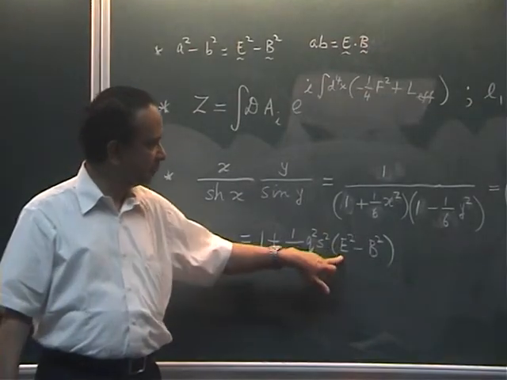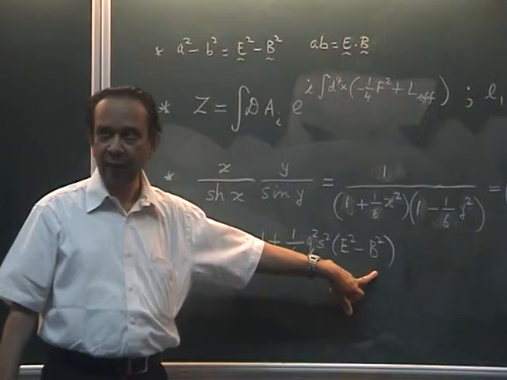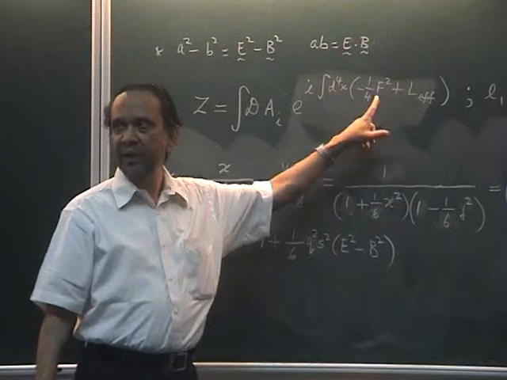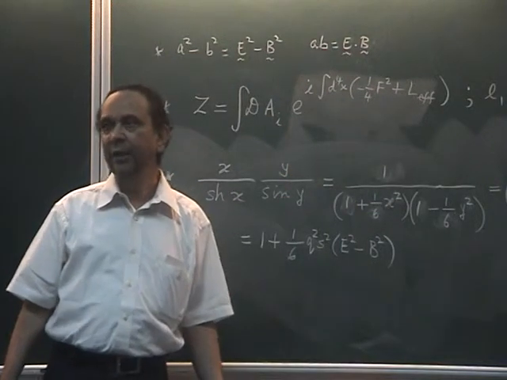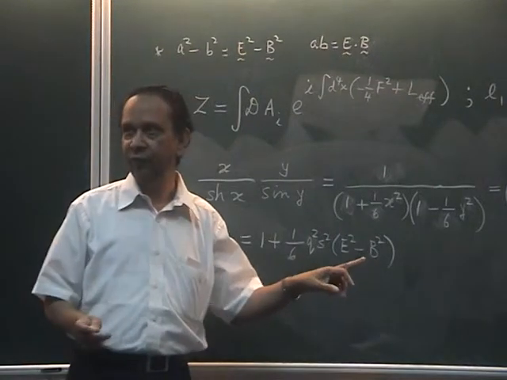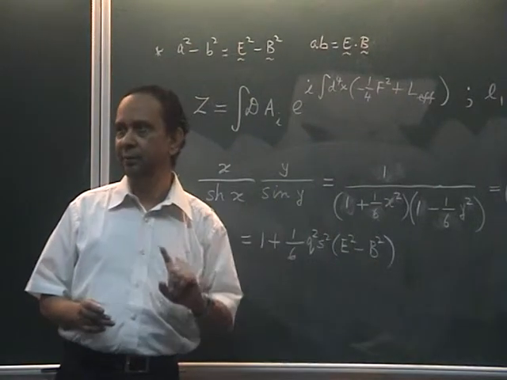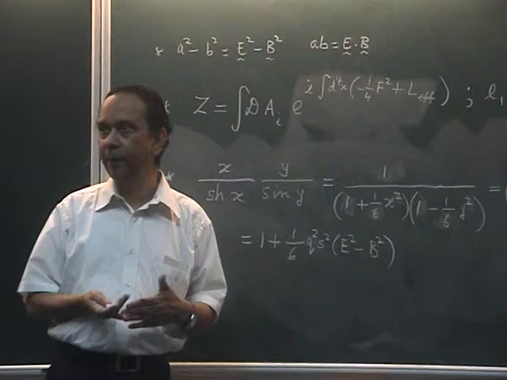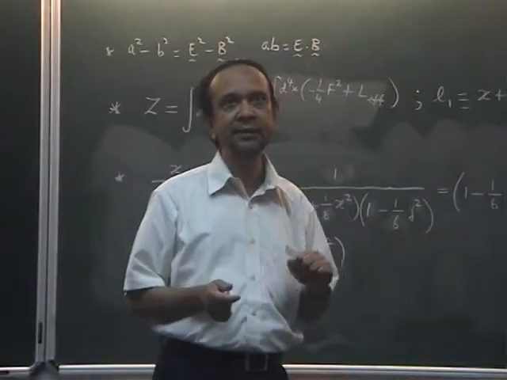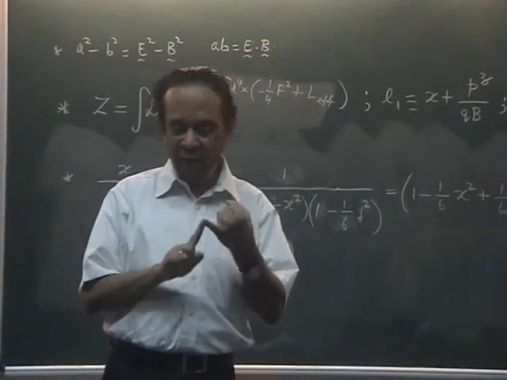But because it is proportional to e square minus b square, and your original Lagrangian is proportional to e square minus b square, we go back to the same analogy. You can reabsorb these divergences by changing that Lagrangian, by rescaling this. Okay? So this is again a sign that the theory we are dealing with is renormalizable. There is only one divergence here.